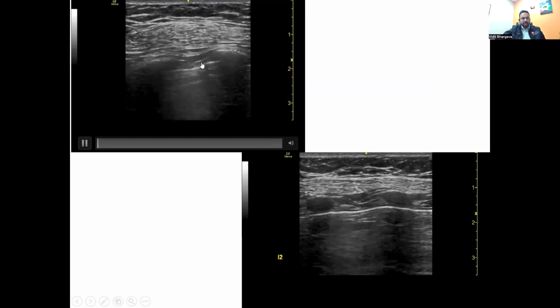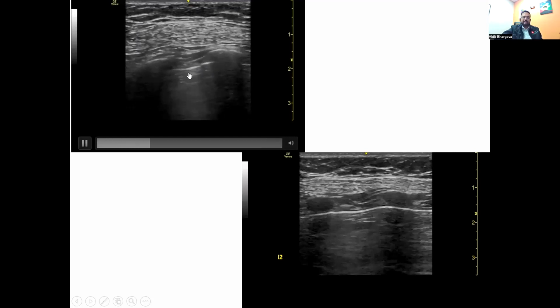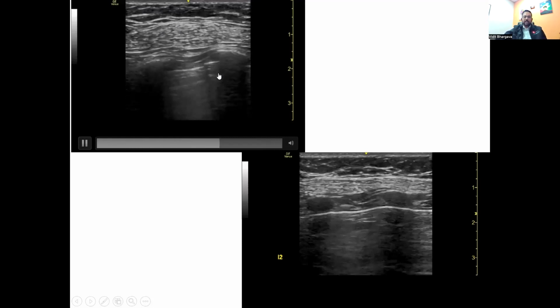The resolution is much better because of the linear probe, and we can see this nice smooth pleura with underlying A lines. I don't see any of the vertical artifacts that we were seeing in this previous patient's lungs. And to me, at least, there is no clear lung sliding. I can see what's described as lung pulse, but there's no clear sliding.